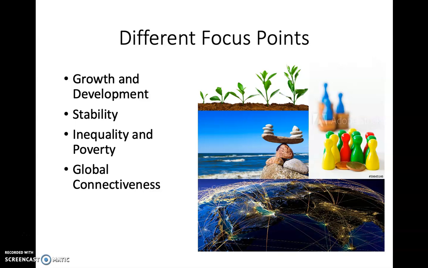And global connectedness: workers traveling throughout the world, capital investments, companies going to different parts of the world, and trade, and how this connectedness connects the economic systems of different countries together, maybe even making them impossible to study separately. The world system theory is actually claiming this.